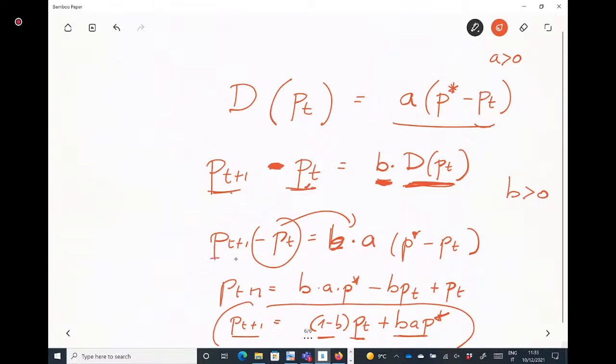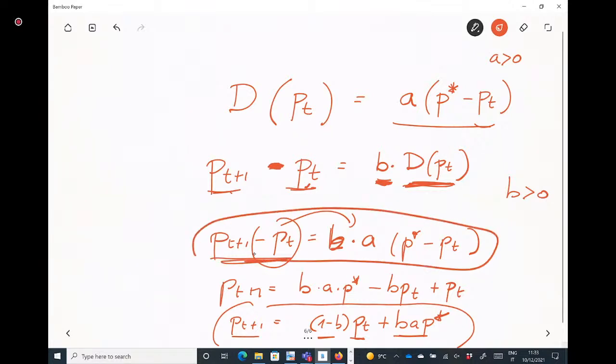If you write this in this way, which is the same, this is written in terms of mean reversion. Okay? If you write this in this way, it's just written in terms of a mathematical difference equation, standard form, okay? Here you see the mean reversion. The price change depends negatively on the position of the current price with respect to the fundamental price.